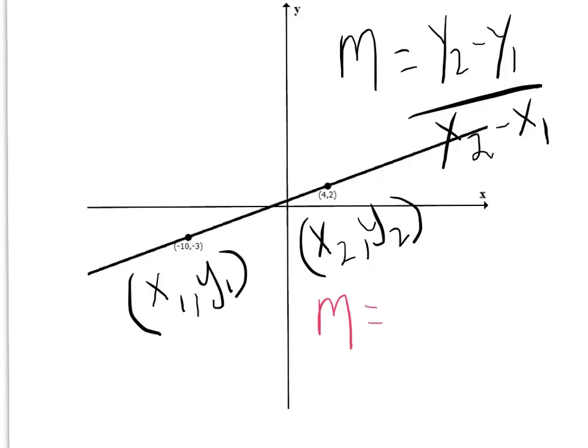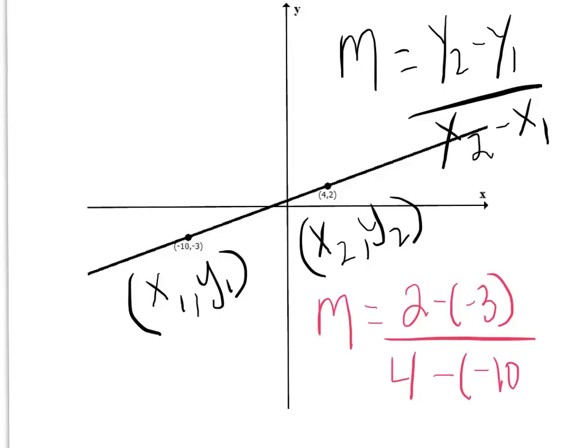Let's try that again. M equals 2 minus -3, over positive 4 minus -10. And the result, positive 5/14.